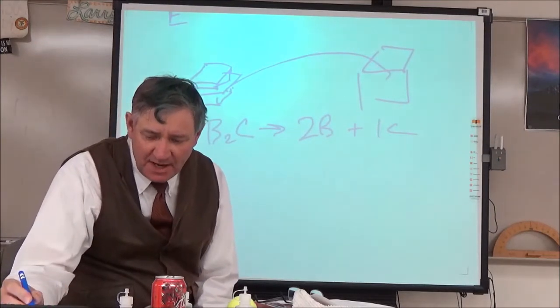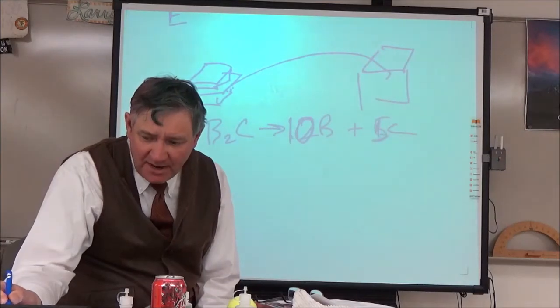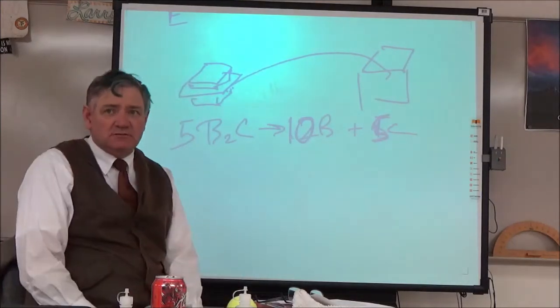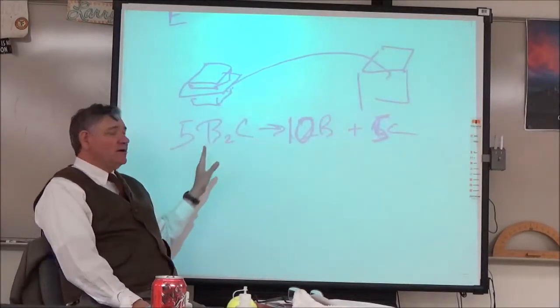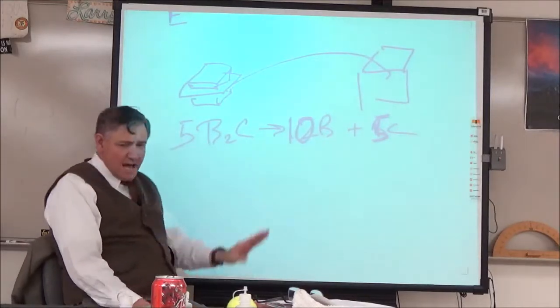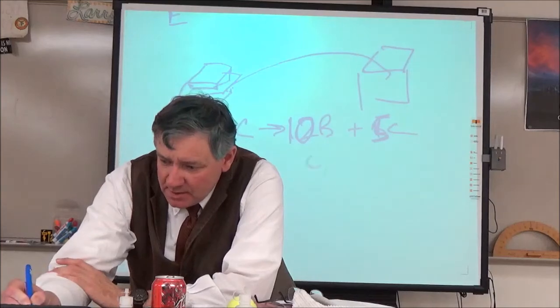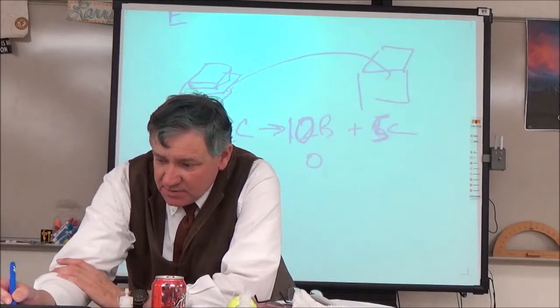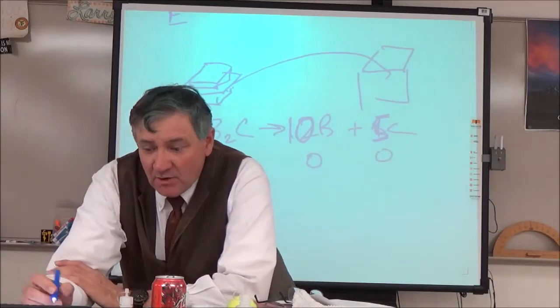So if I have 5 of these, I'm going to have 10 slices of bread and 5 slices of cheese, because I get 2 slices of bread for every 1 sandwich. So I'm going to ionize all 5 of these.